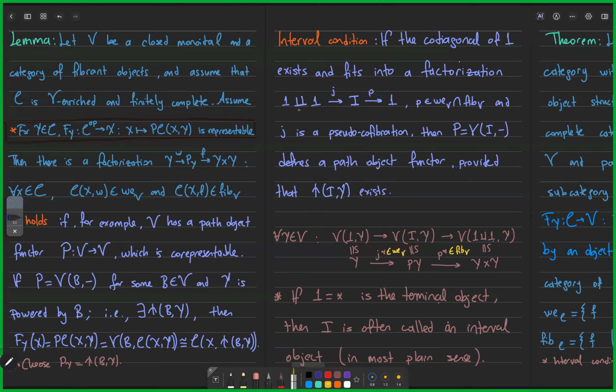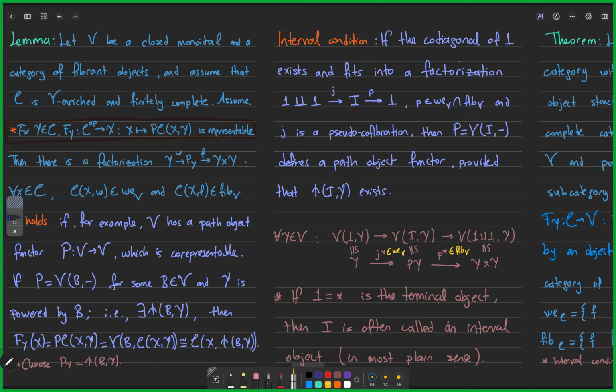So if there's a factorization like this, where p is an acyclic fibration, and this j is a pseudo cofibration, then we can define P as the internal hom with I. So this defines a path object functor.